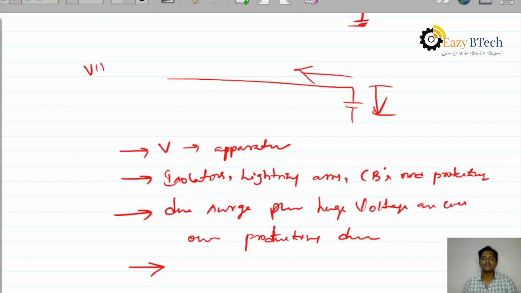After some deflections, it automatically dies out. But the initial analysis of the wave in a fraction of a second, in fractions of microseconds, is very important to protect our devices.